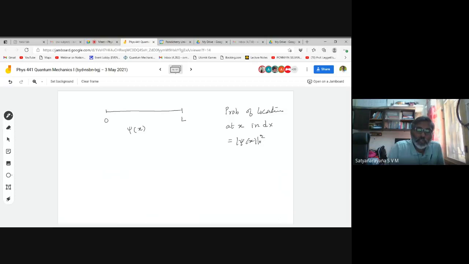We are always assuming it is normalized, so let's not go back to normalization again. This is a normalized state, and so this is the probability.